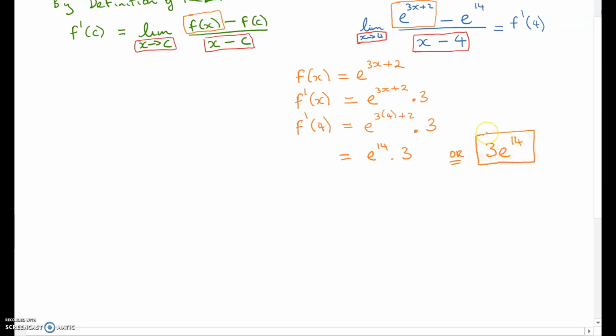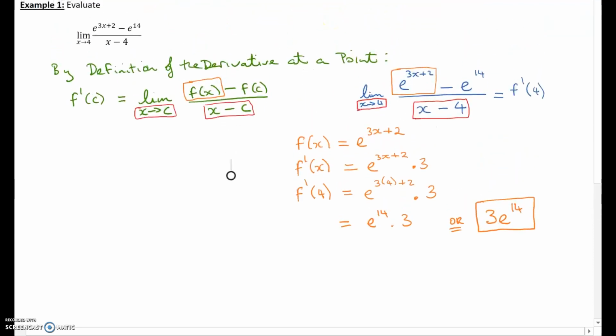So there's your answer. In other words, we didn't actually use the limit at all to find it. Instead, we recognized it as a derivative, we recognized what the original function f of x was, and then we just differentiated it using our shortcut rules and plugged in 4 because x is approaching 4.